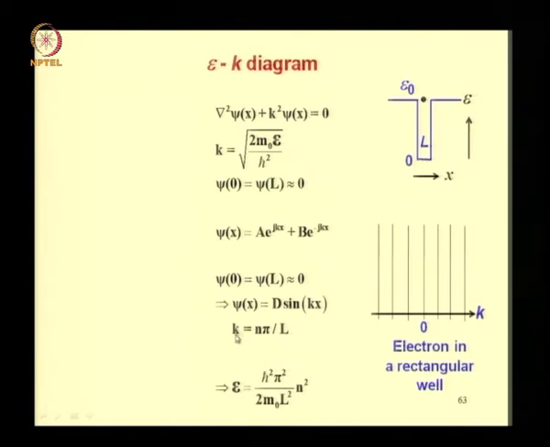Now putting this value of k here in this equation, we can get an expression for E as a function of k, and that would be E equal to h cross square pi square by 2 m naught L square into n square, where we have already used the value of k, okay. If you want to write the Ek relation, well, it is just the inverse of this with the square root sign removed. Let me write that on the board.